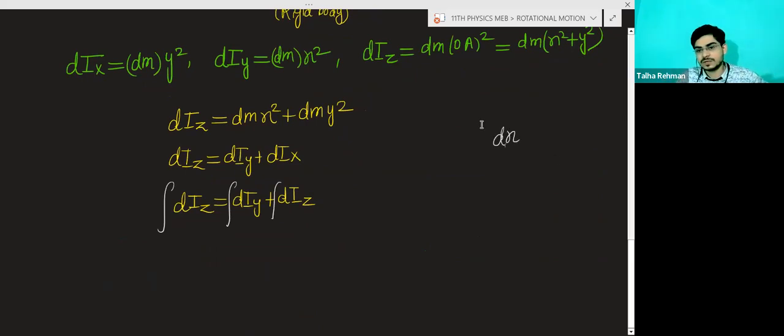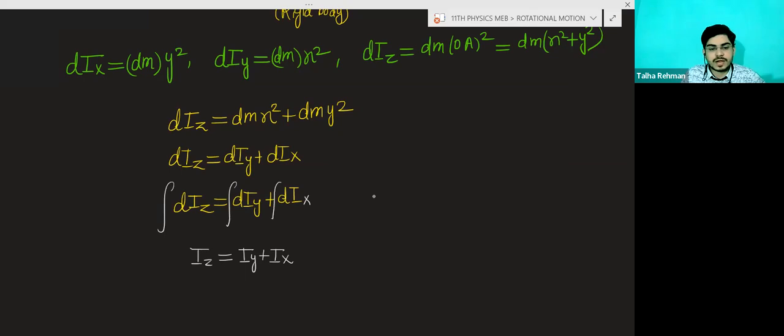Whenever there is d, that means differential, very small. So when you do the integration on both sides, you get the final moment of inertia: iz is equal to iy plus, oh, this will be ix. You can write this as your final answer.